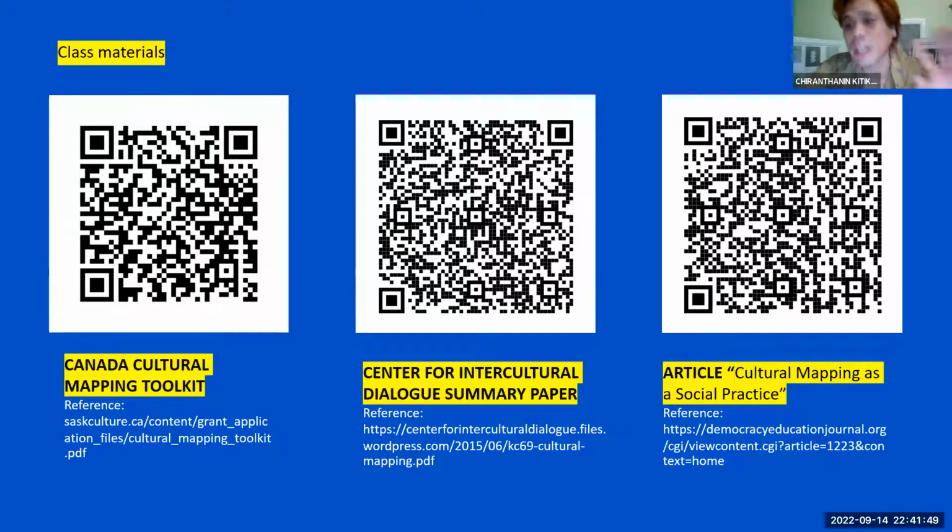You can scan and read them for more detail if you want to use them as your research tool in the future. I just want to set an idea, right? I can't jump into every detail, so you can scan it and read it later.